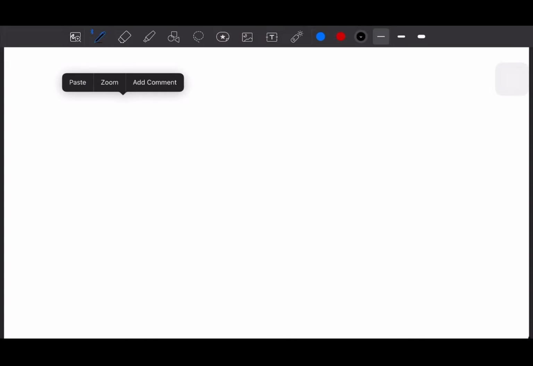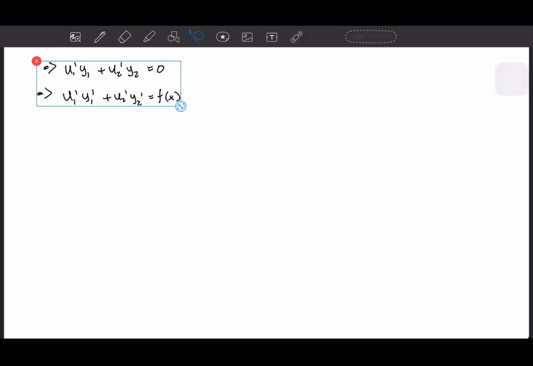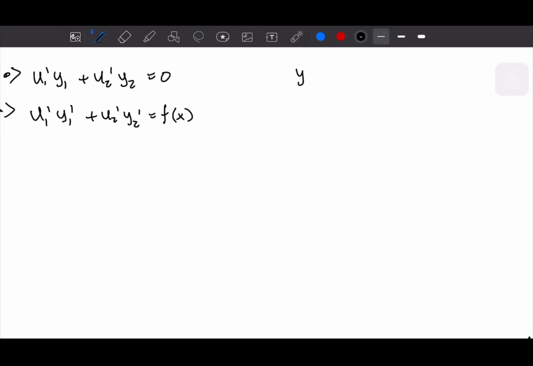Copy here, paste. Okay. First, we can write down that y double prime plus y equals tangent x. We can build up the auxiliary equation first.